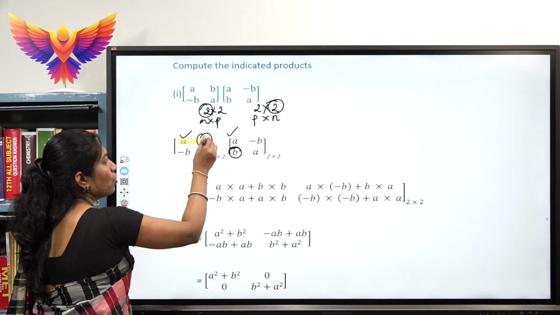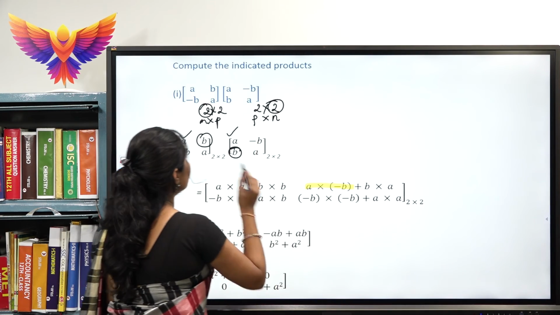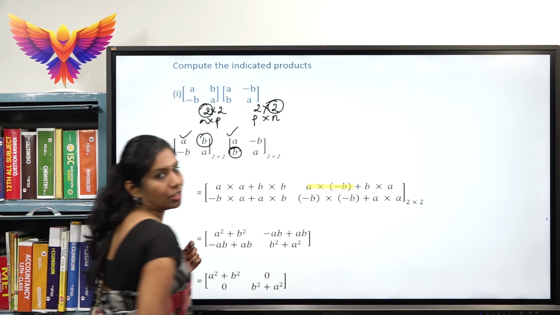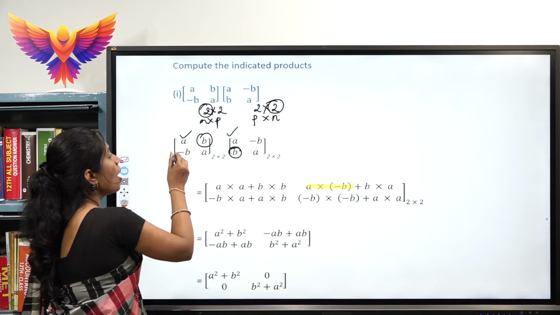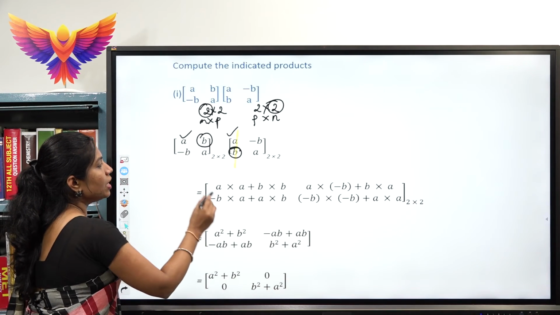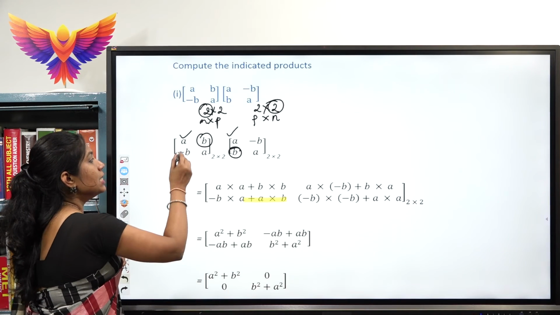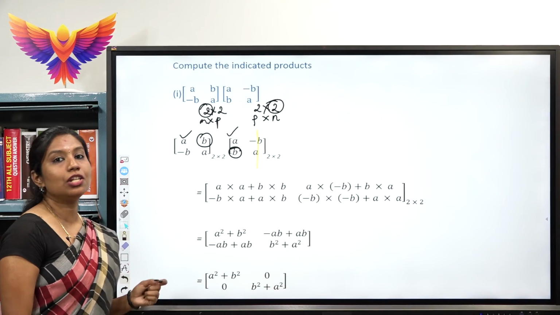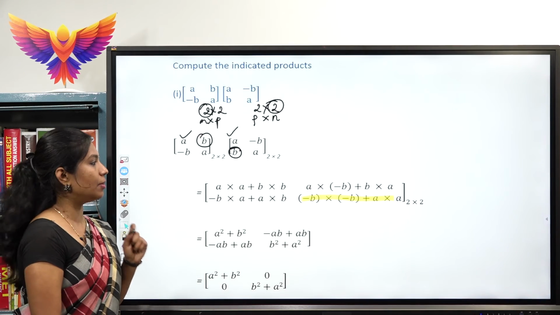Same way, this row, this column, that is A into minus B plus B into A. Same way, second row, first column, which is minus B, A with the first column what we have. So, minus B into A plus A into B. Same way, second row, second column, which is minus B into minus B plus A into A.